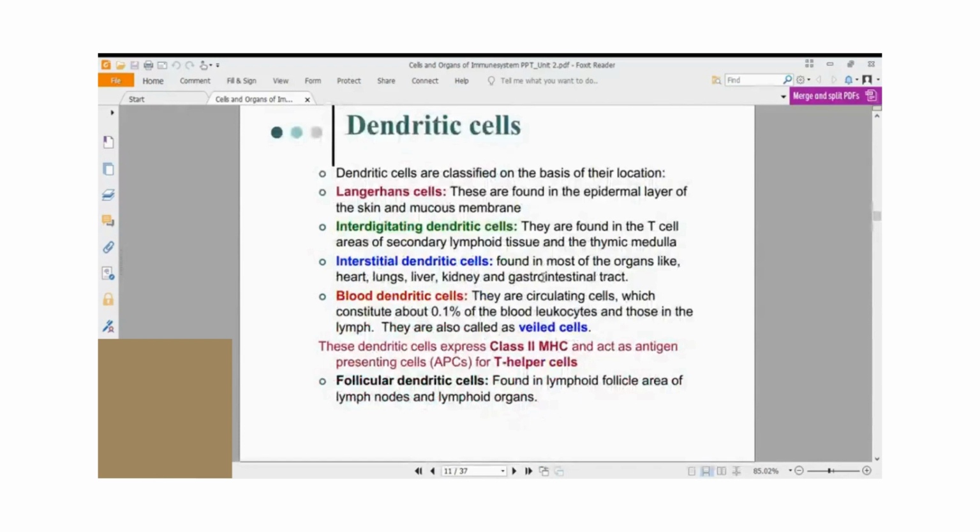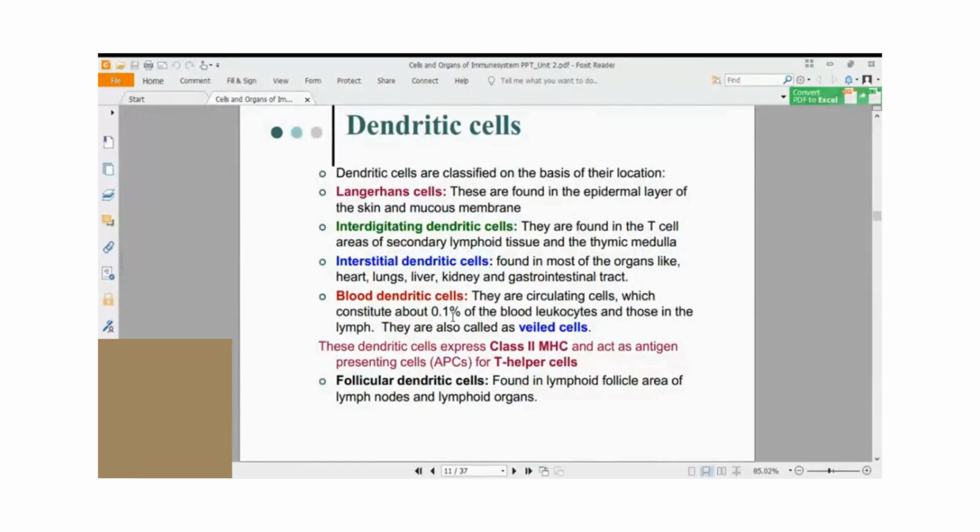Interstitial dendritic cells are found in almost all other organs except the skin. They are there in the heart, lung, liver, kidney, and gastrointestinal tract, and everywhere they are spread out in the tissue. Not much different from either the Langerhans cells or the interdigitating cells. It is just that they are present in those tissues, therefore they are called interstitial dendritic cells.